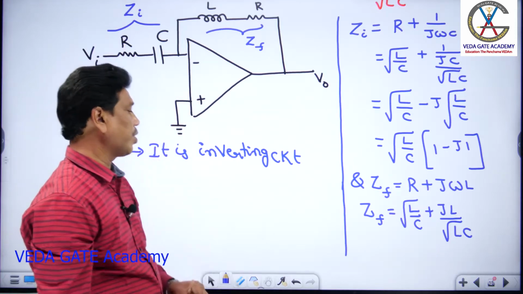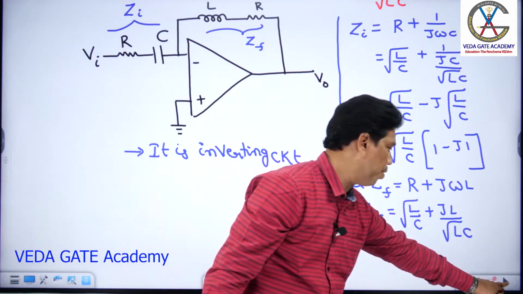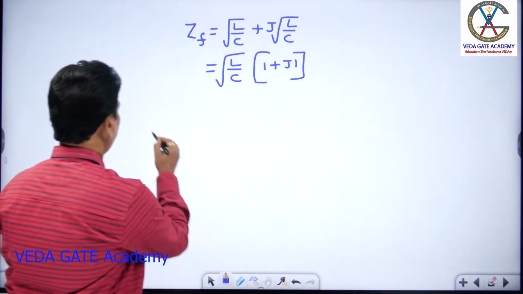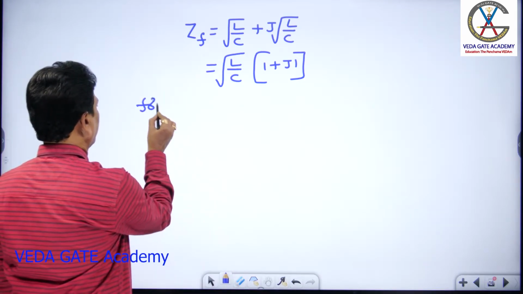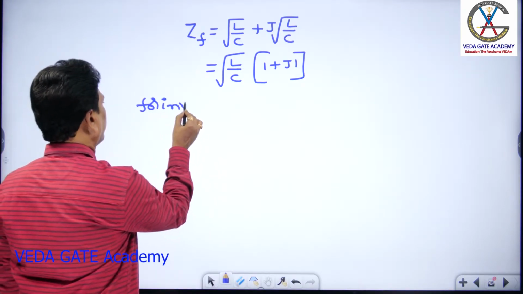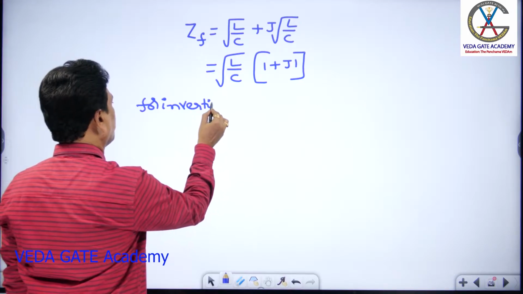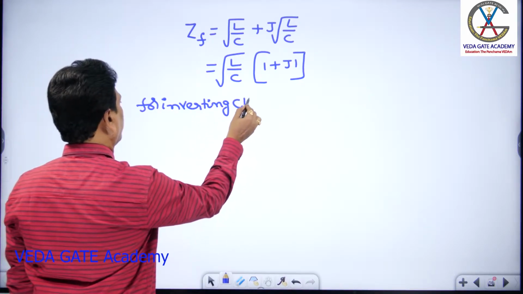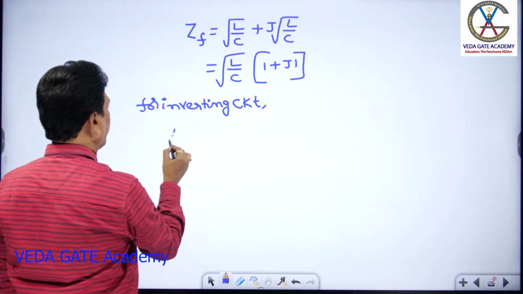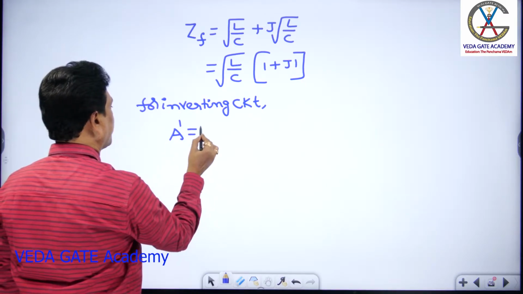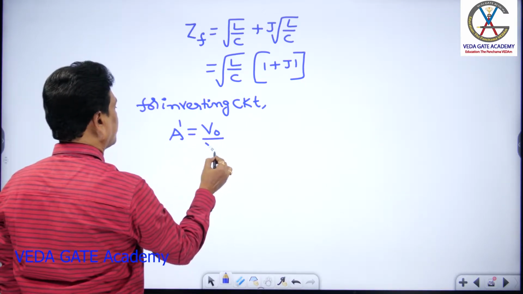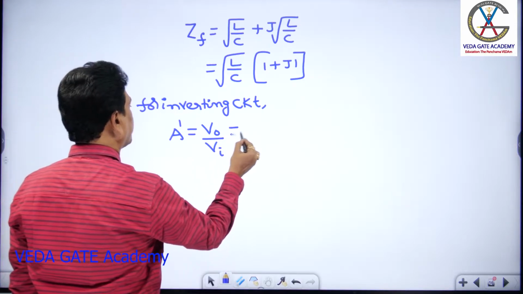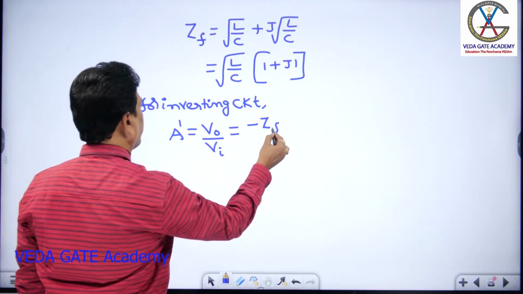So it is an inverting circuit. The gain of the inverting circuit you know: for an inverting circuit, the gain A dash equals V0 by Vi. In terms of impedance, you write this as minus ZF by Zi.